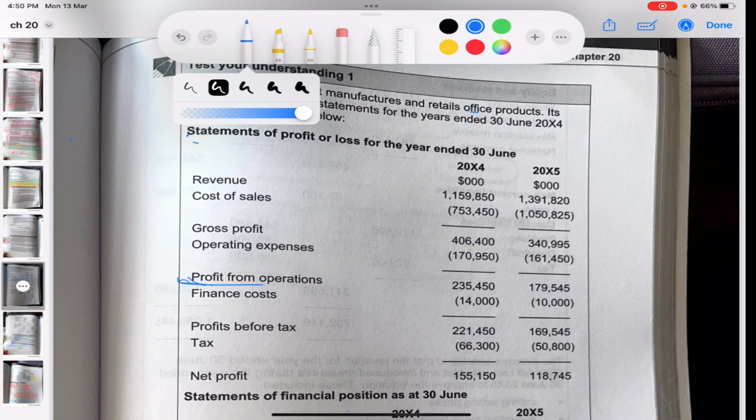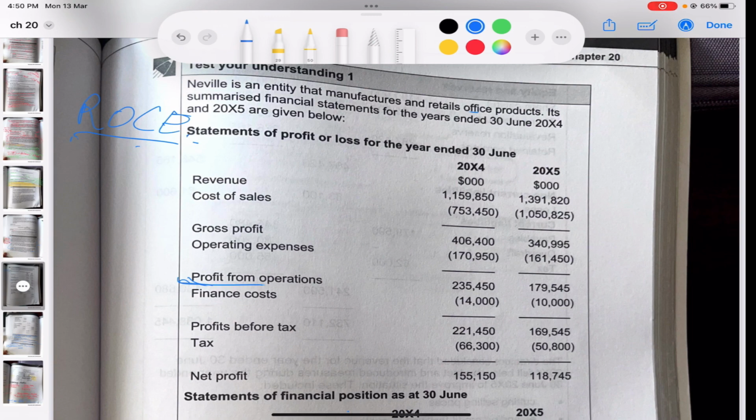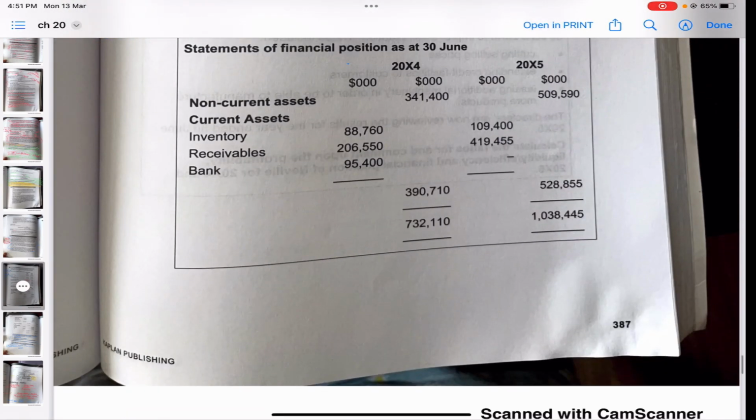What else is there? ROCE, return on capital employed. What was the formula of return on capital employed? Operating profit, where's my operating profit? 235450 upon net assets multiplied by 100. Now what is my net assets? Go to the financial position.